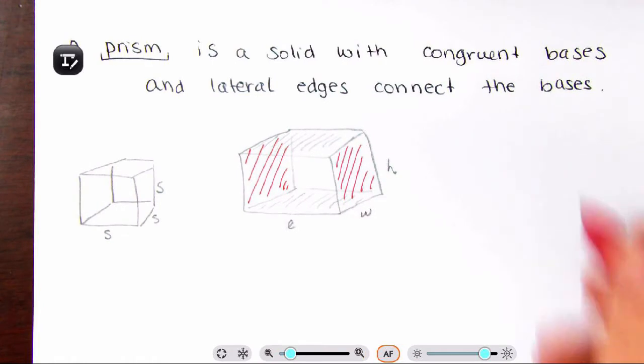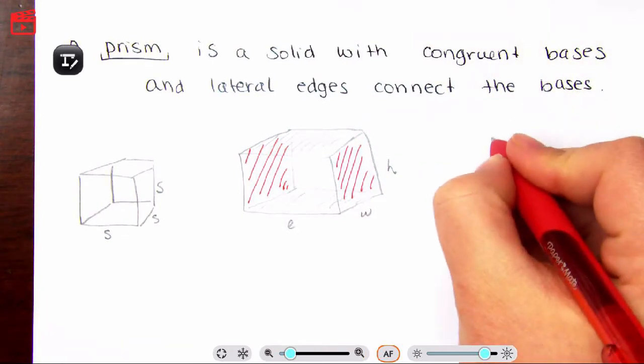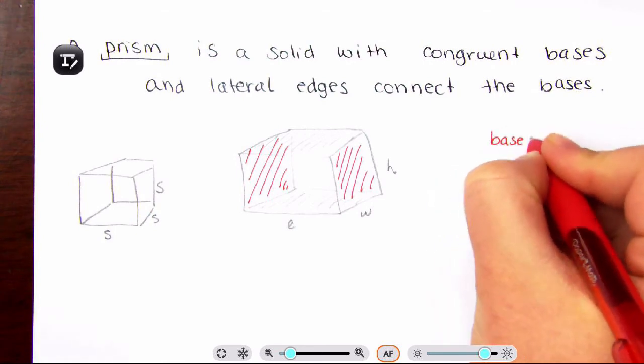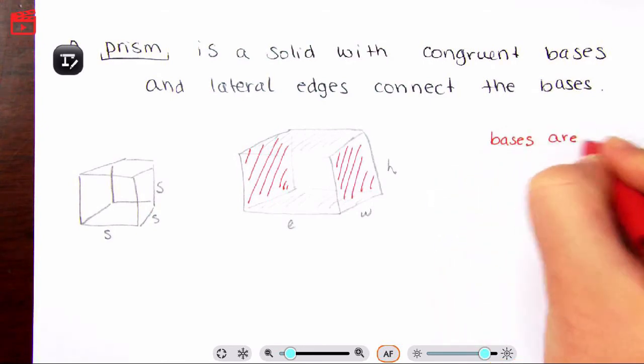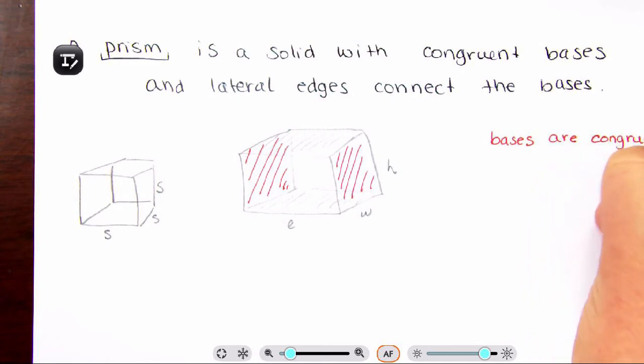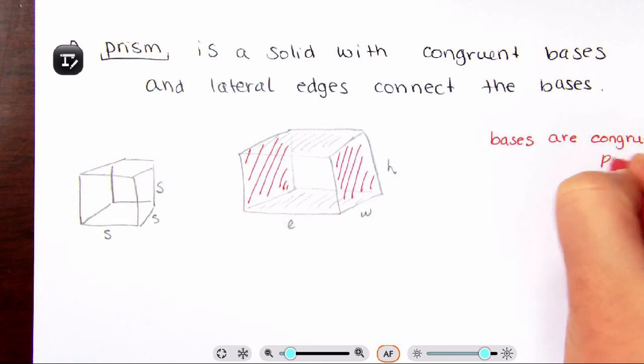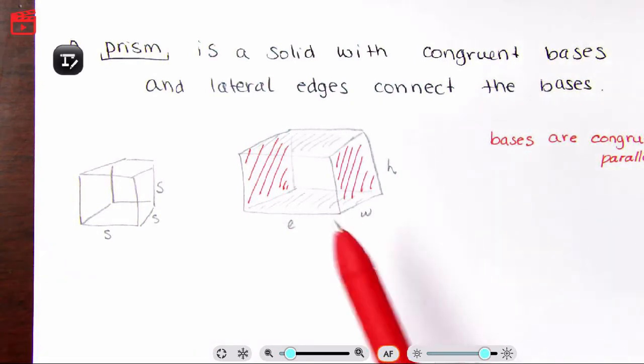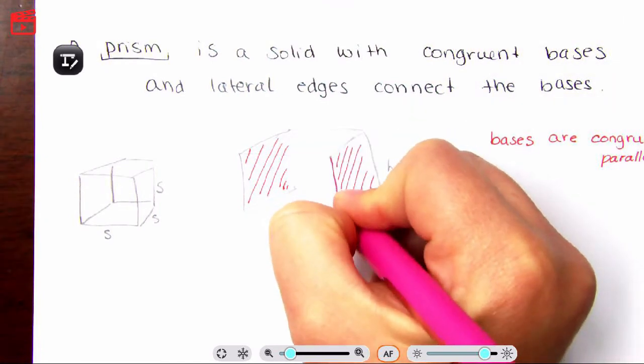Okay? So the first thing I want to mention is that the bases are congruent and they are parallel. The lateral edges that this definition is referring to are these here.